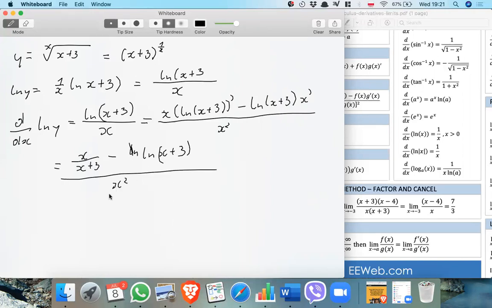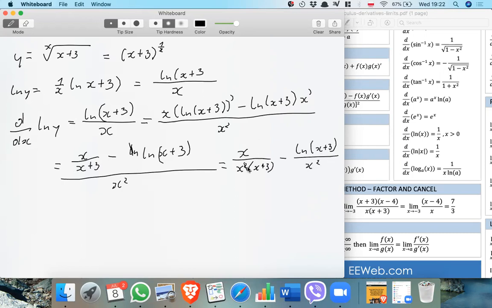And there is a little simplification that I can do for this one. If I rewrite them both as separate fractions, this will turn into x over x squared times x plus 3, minus ln of x plus 3 all over x squared.